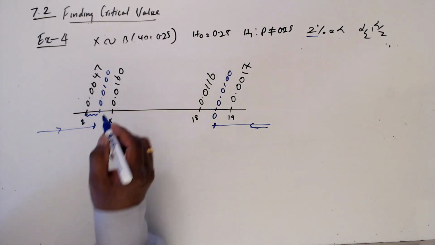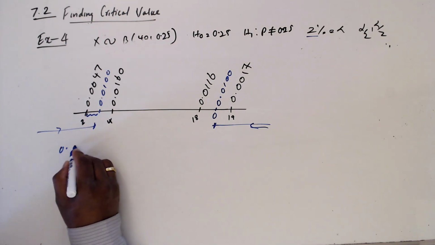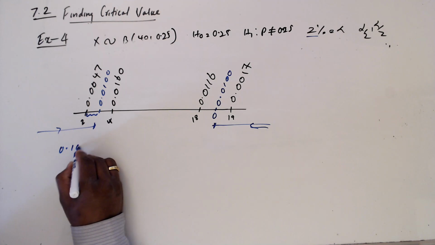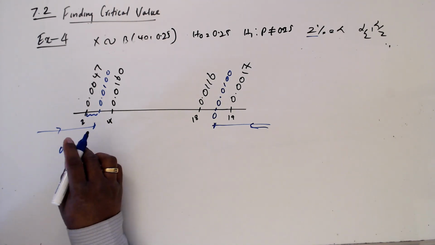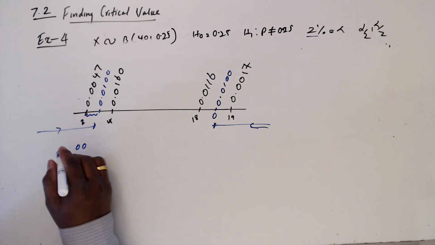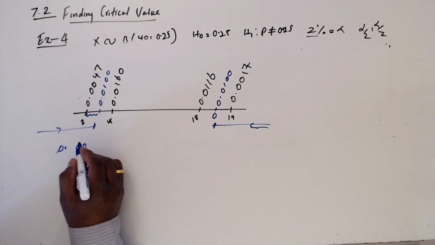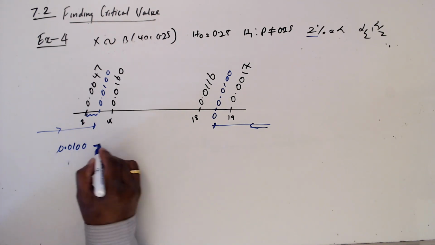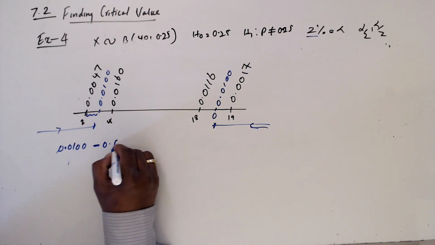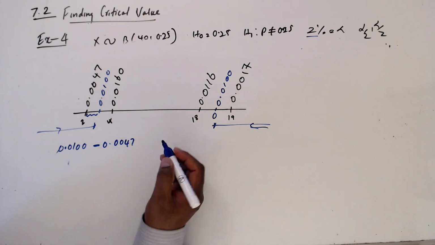What is from this difference? From here to here difference, we can find 0.0100 minus 0.0047.